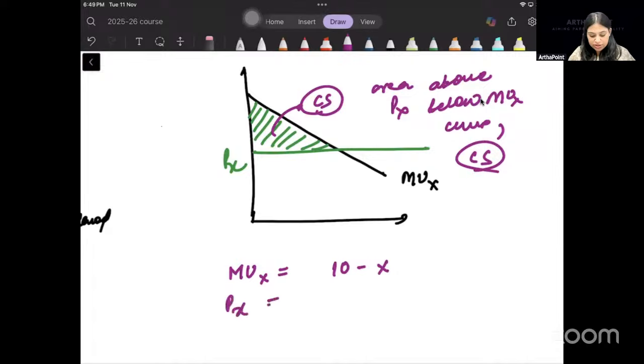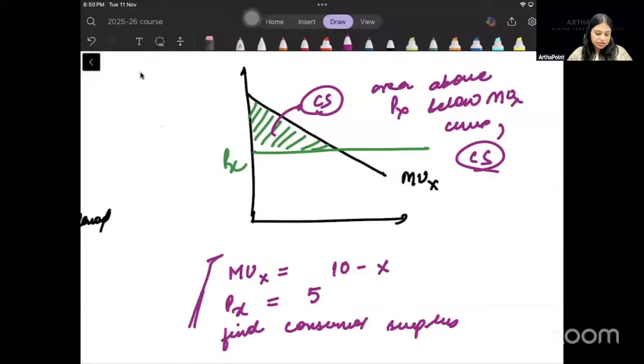The price of the commodity is 5. Find consumer surplus. Just give it a try. Think for a moment, how will you do it? How will you find consumer surplus in this case?